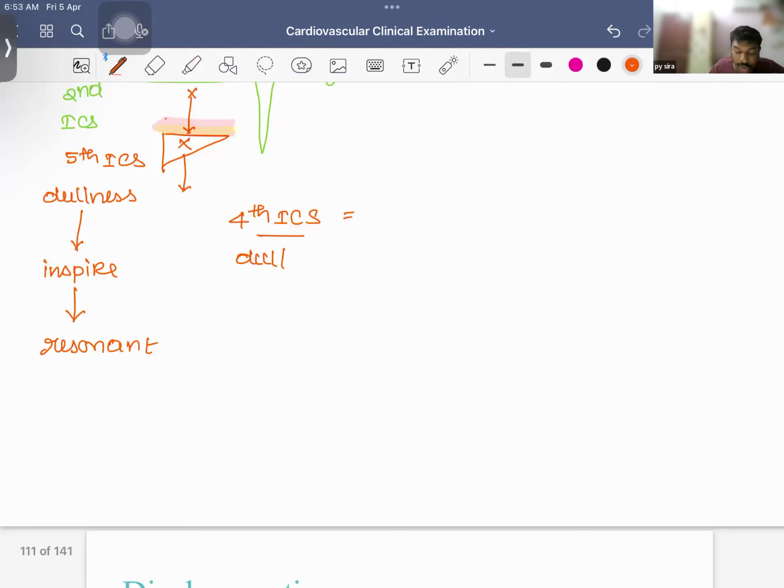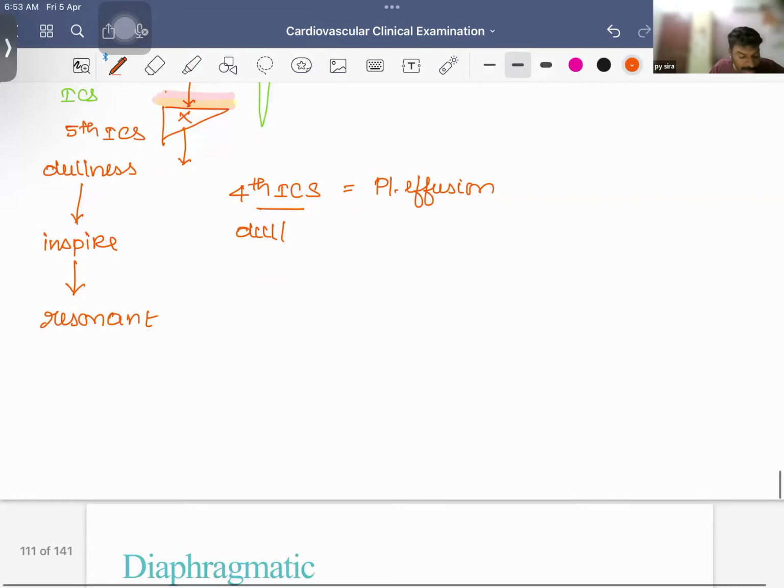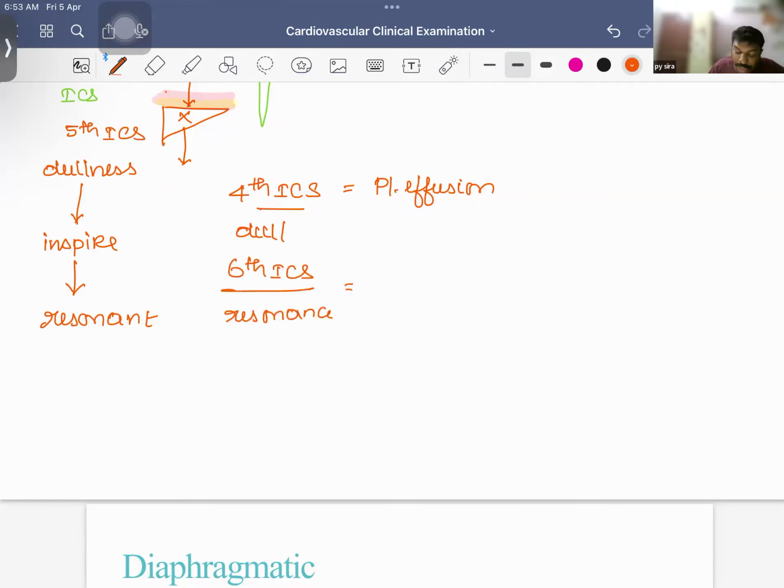If there is resonance in the fourth intercostal space, resonance in the fifth, and further resonance in the sixth intercostal space, it means your lung has expanded greatly and there is air there. So whenever it is pneumothorax or emphysema, in all these conditions you will get resonance even a little further down.